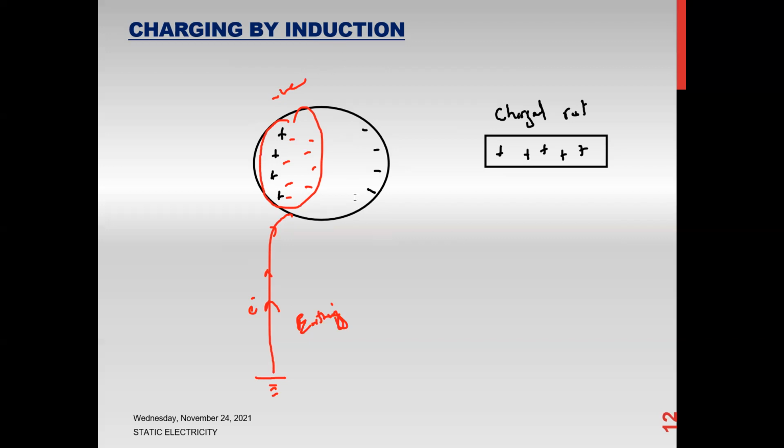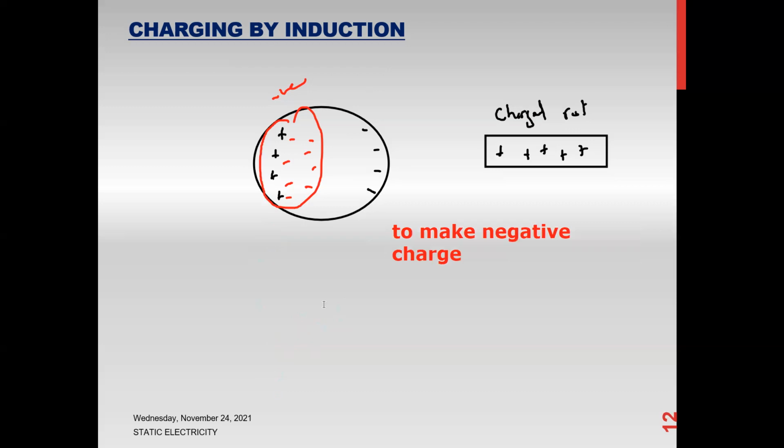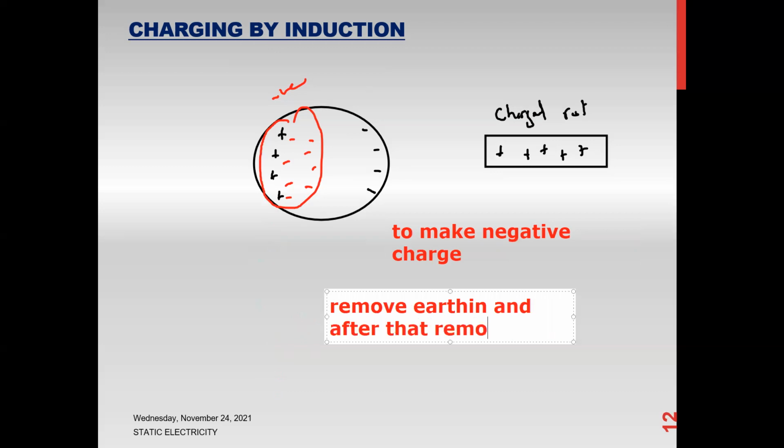And if you want to make a permanently negative charge, we don't want the electrons to return back. So first we should remove the earthing wire, and after that remove the charged rod.